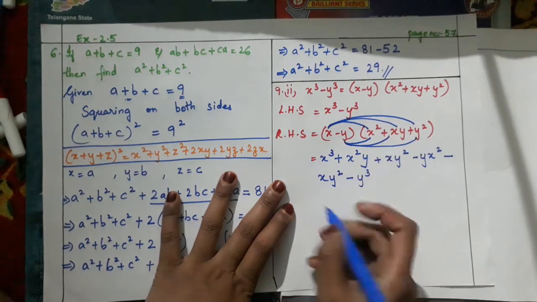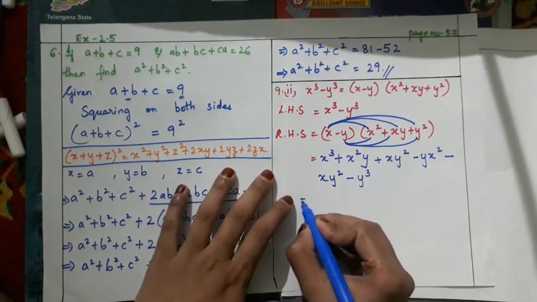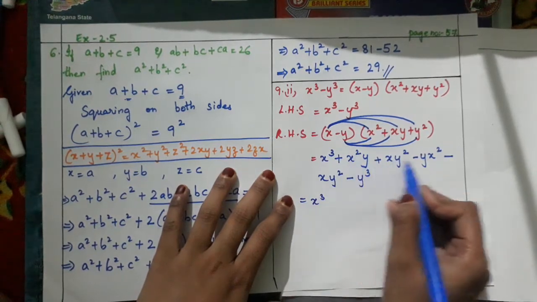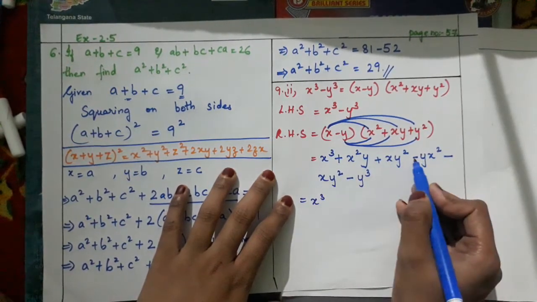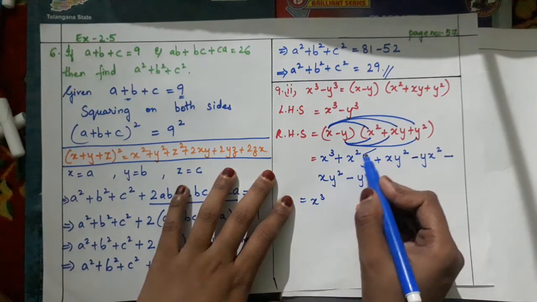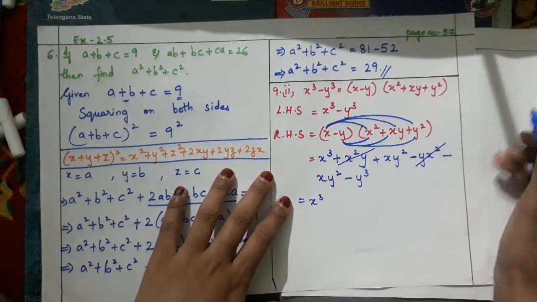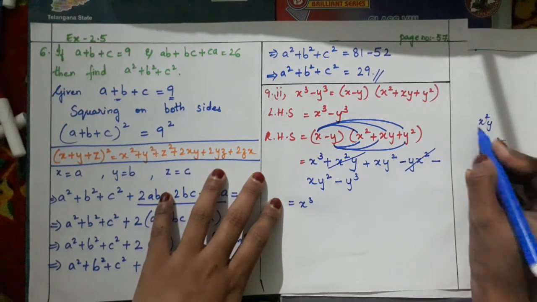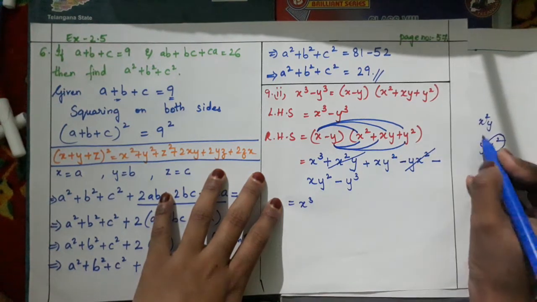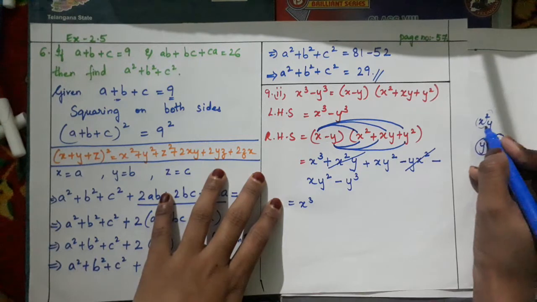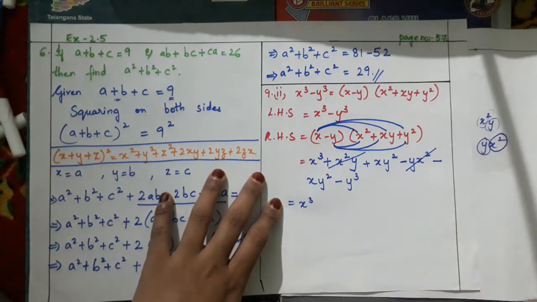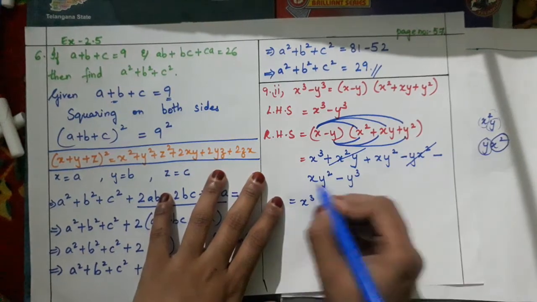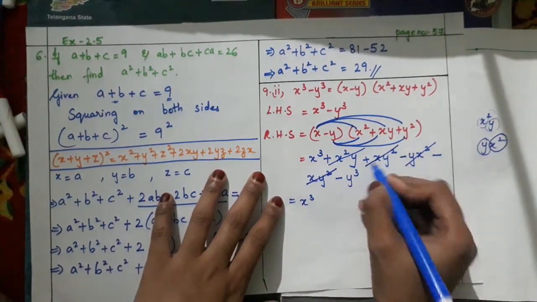Okay, now x cube as it is, x square y as it is, minus and one is plus, so it will be cancelled. See, x square y and y x square, both are same, children. Now x y square minus x y square will be cancelled off.